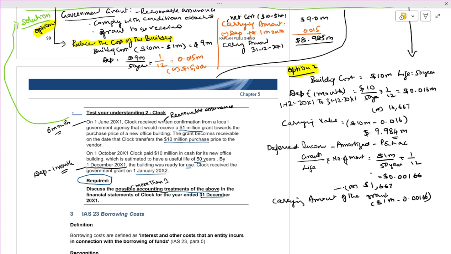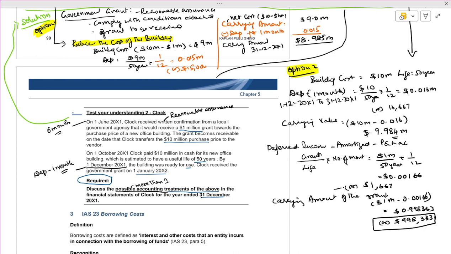Okay, 1 minus 0.00166 comes to 0.998333, or 998,333.